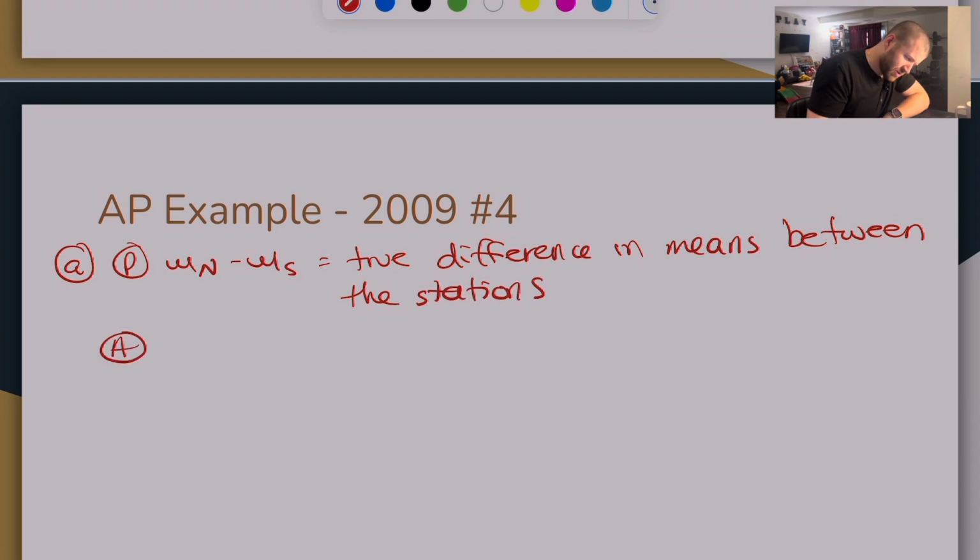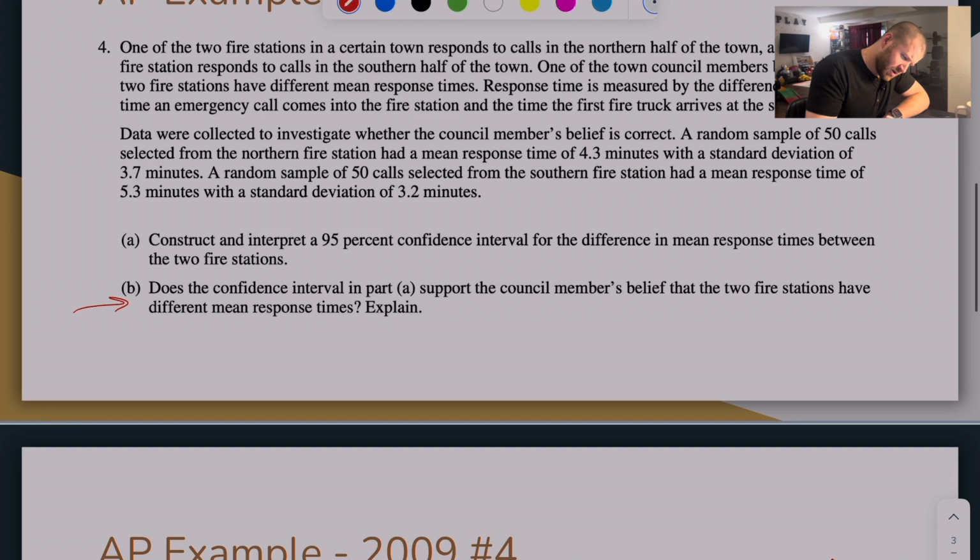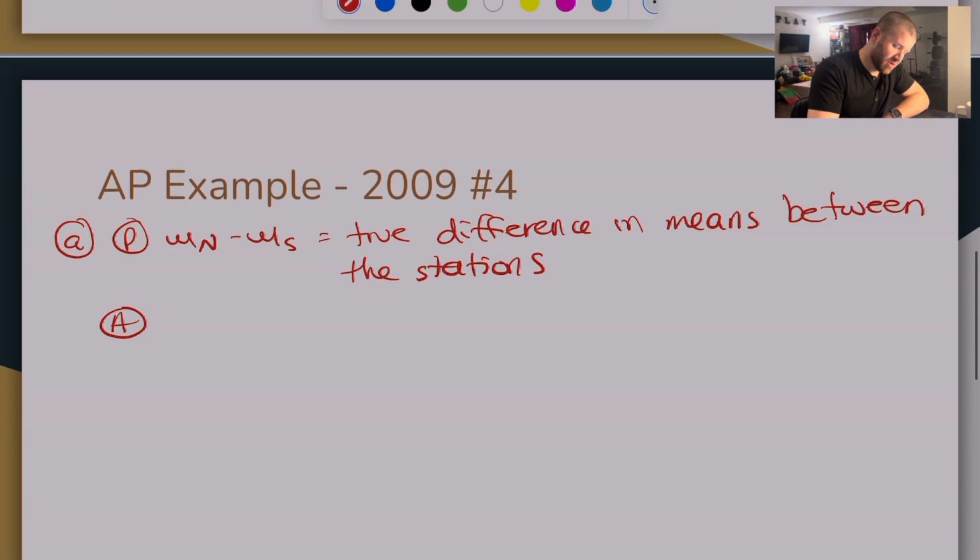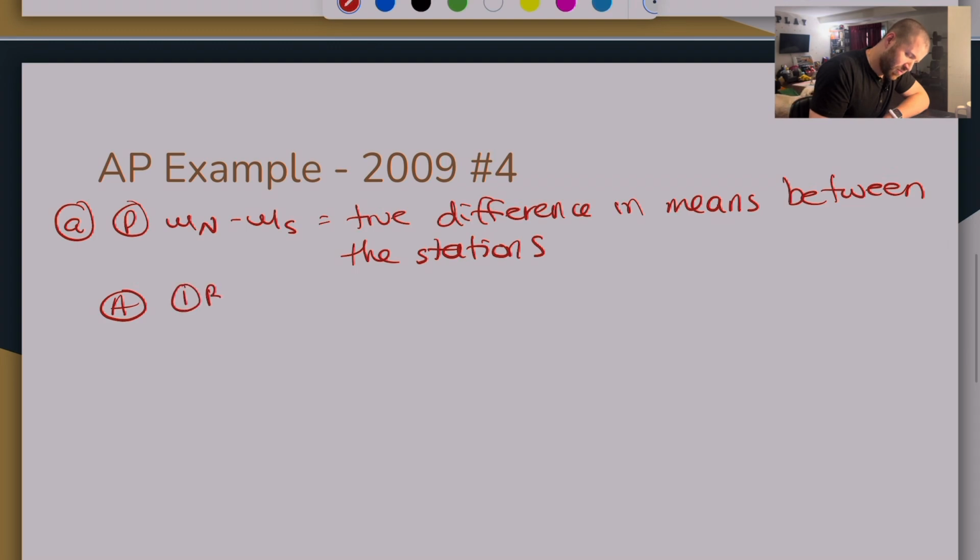For my assumptions, if I take a look at the problem, it does say a random sample of 50 and then another random sample of 50. So I have random samples here from both, which is great. I apologize for my dog again. He's going to be here barking at me.